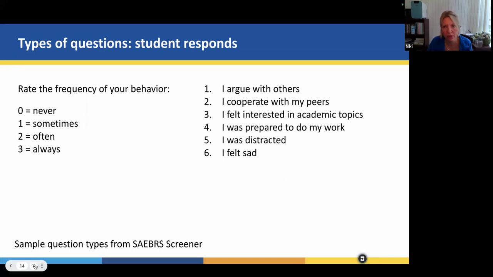Sometimes schools have the student complete the screener when we're talking about social emotional behavioral rating scales. So it could be the teacher, like I just showed, or a student could be self-reporting how they're doing. So this is an example from that SABRS screener that I was talking about. Rate the frequency of your behavior. So things like I was distracted or I was prepared to do my work. Again, this is the student's perception of their needs.